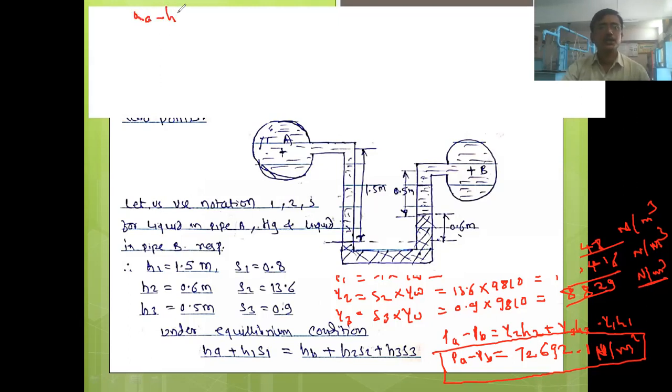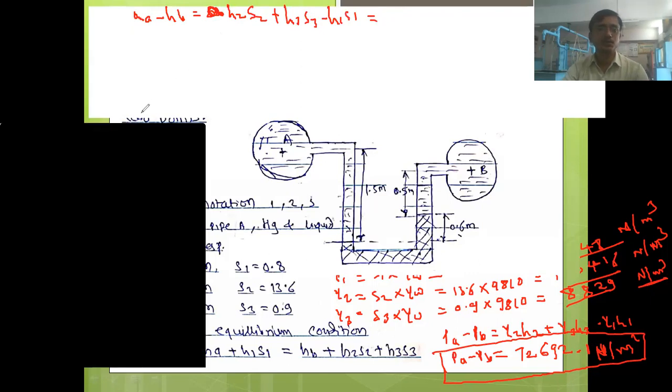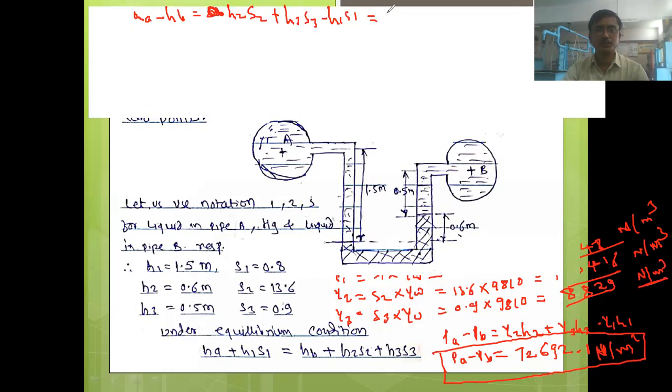HA minus HB is equal to, what is the formula? H2 S2 plus H3 S3 minus H1 S1. This was our formula. H2 is 0.6 into 13.6 plus H3 0.5 into S3 0.9 minus H1 1.5 into 0.8, right?